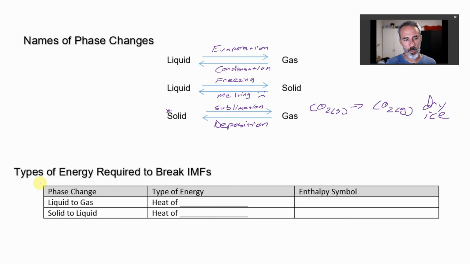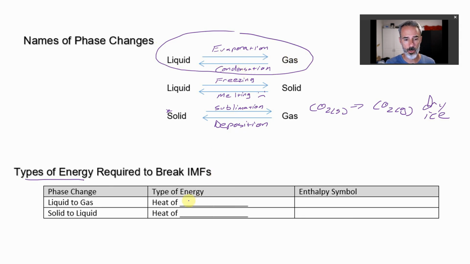Now, we're going to be talking throughout this unit a little bit about the types of energy required to break intermolecular forces and to make these phase changes occur. If you go from a liquid to a gas, it turns out it doesn't matter whether you're talking about going from a liquid to a gas or backwards, gas to a liquid and condensing.